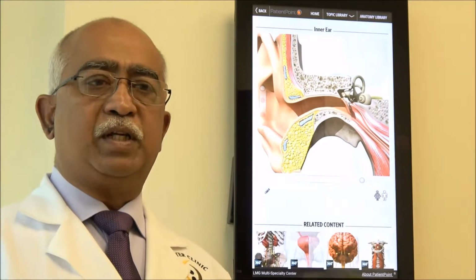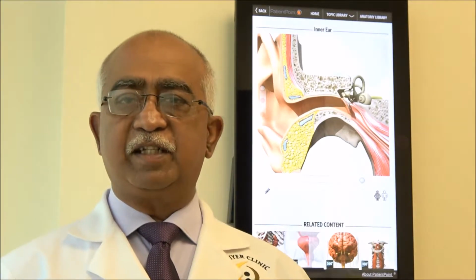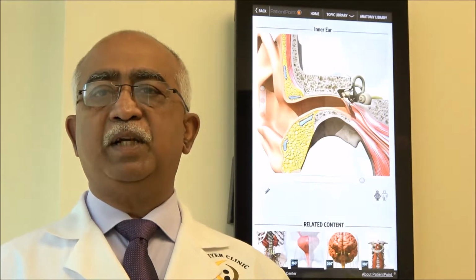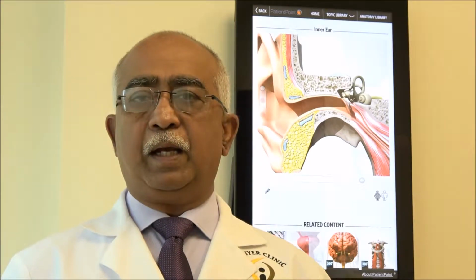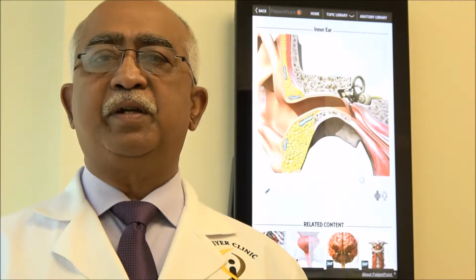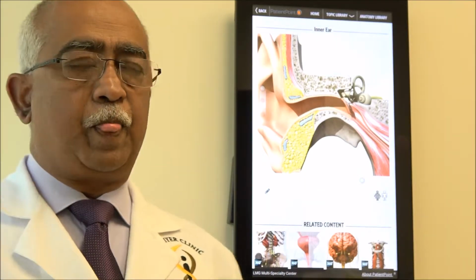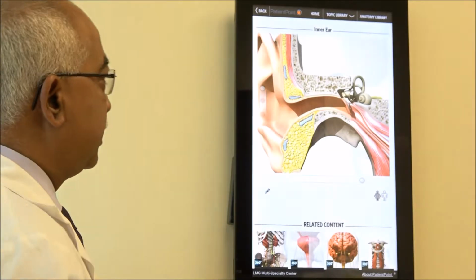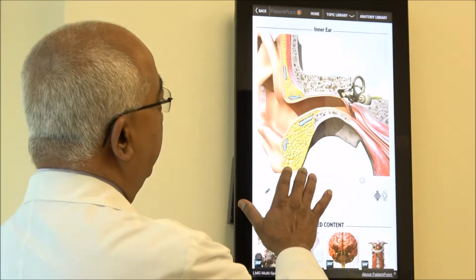Fortunately, most episodes of dizziness are traceable to a simple problem in the ear, and it's actually due to a problem and irritation in the balance organ in the ear. And behind me is a schematic of the ear.